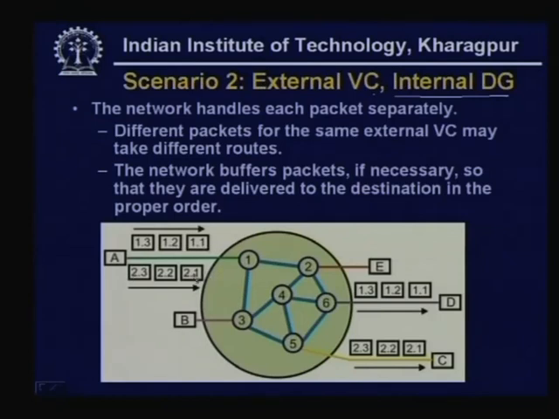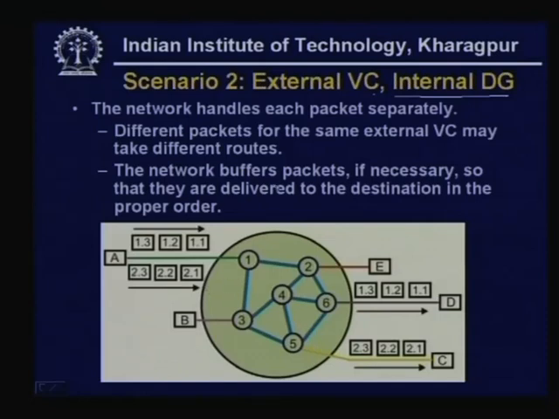However, since internally it is datagram, packet 1.1 can go in this route, the other packet can go in another route, and the third packet can go in a different route. Similarly, 2.1, 2.2, as they enter the switched communication network, may follow different routes.